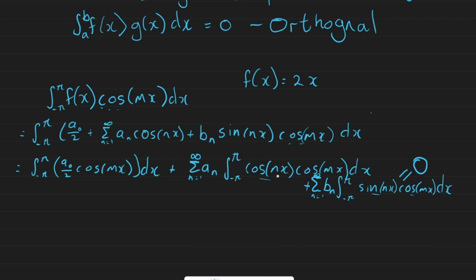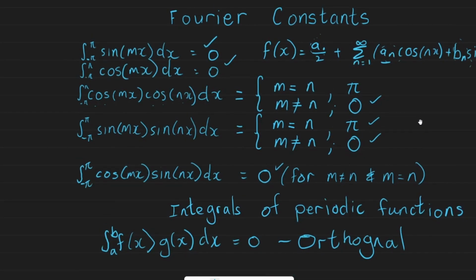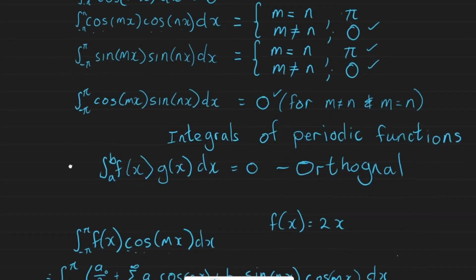Then we have cos nx and cos mx. Okay, so let's see what that is. We have cos mx cos nx, and we see that we get a value of pi if m is equal to n, and we get a value of 0 if m is not equal to n. So this integral is only going to take on the value of pi for specific values of n and m, if they are the same.